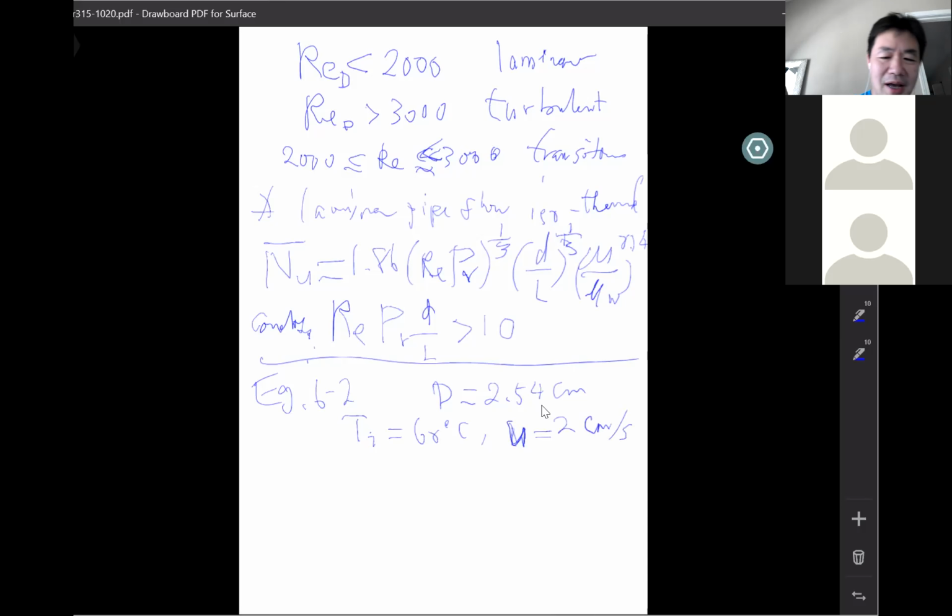Okay, now I think I need to introduce another equation. I think you learned it. That's not me introducing. You probably learned it in thermodynamics class. So we want to calculate the T at the outlet. Do you remember the energy equation you use to calculate the energy difference for a pipe in and out?